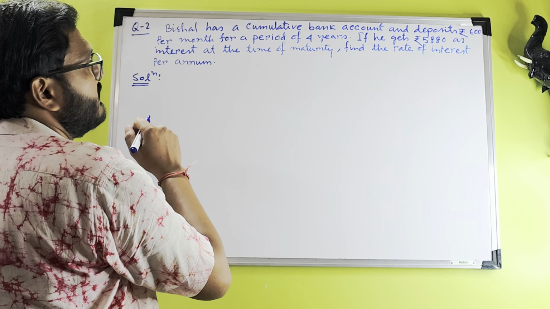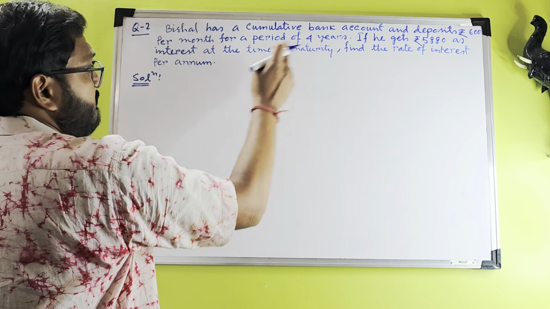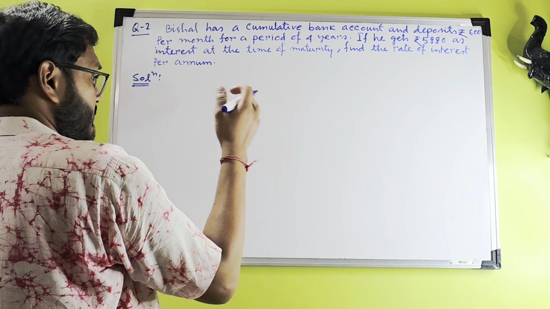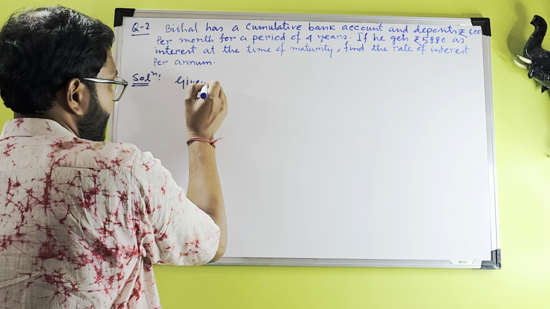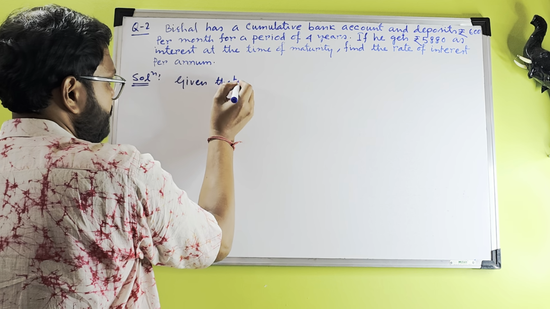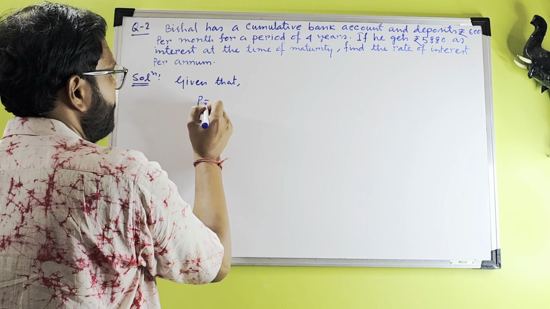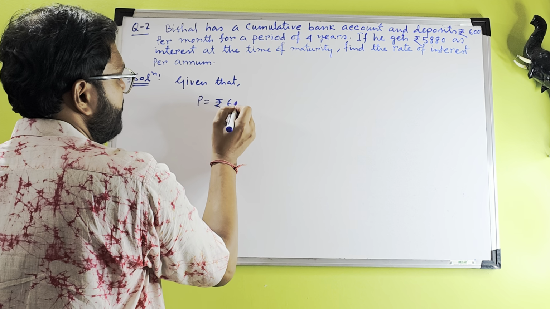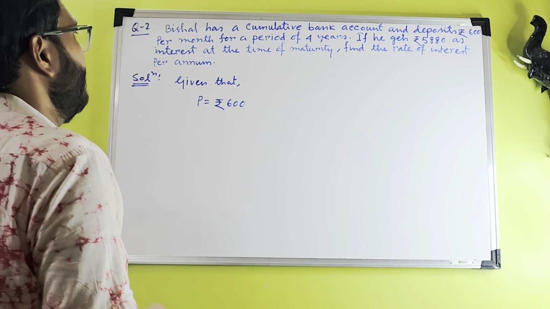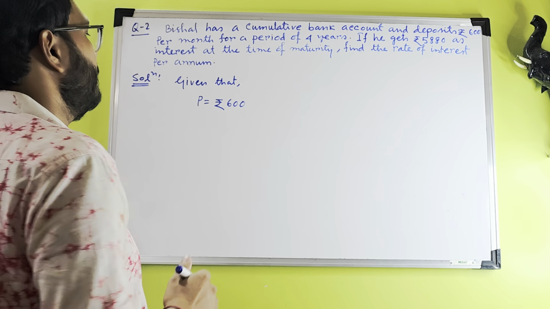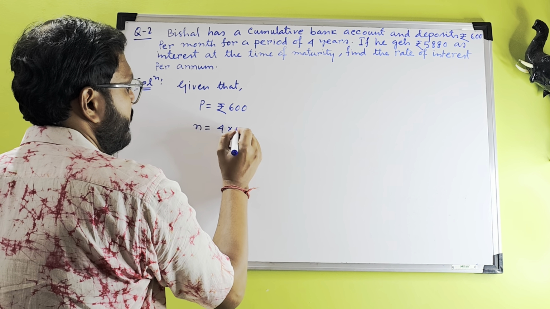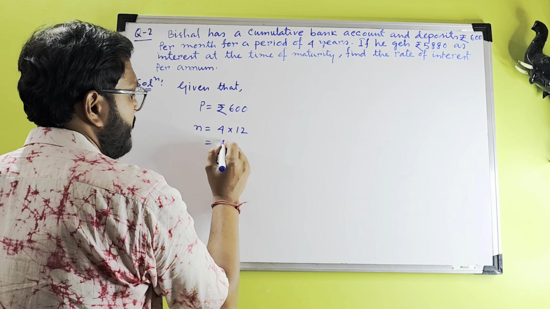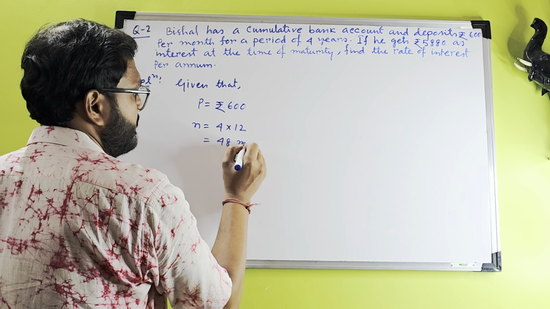Okay, now what things are given? 600 deposits in every month. So given that P equal to 600, then per month for the period of 4 years. So N equal to 4 into 12, 48 months.